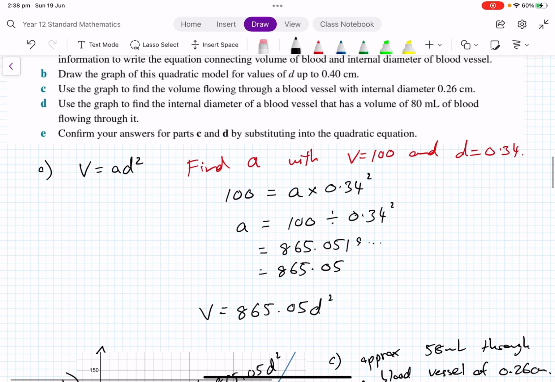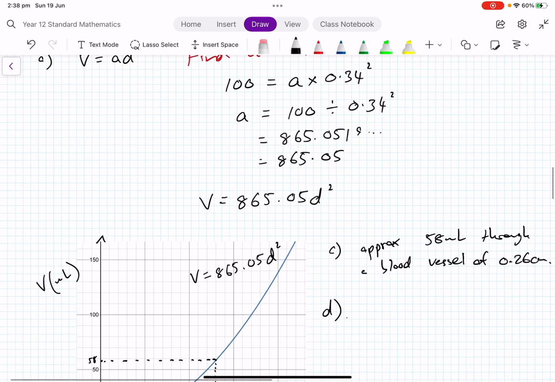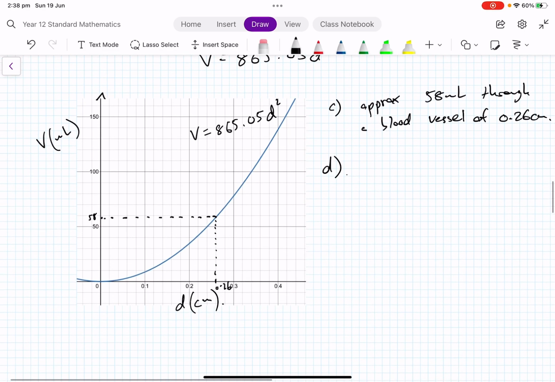Part D: use the graph. Again, some element of error is acceptable here because of the graph and the way that you might draw it. Use the graph to find the internal diameter of a blood vessel that has a volume of 80 milliliters of blood flowing through it. So again, we go to 80, and we go along here. This time we're going this way and hit this line.